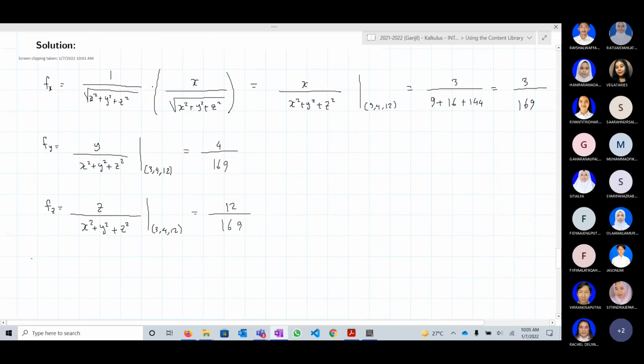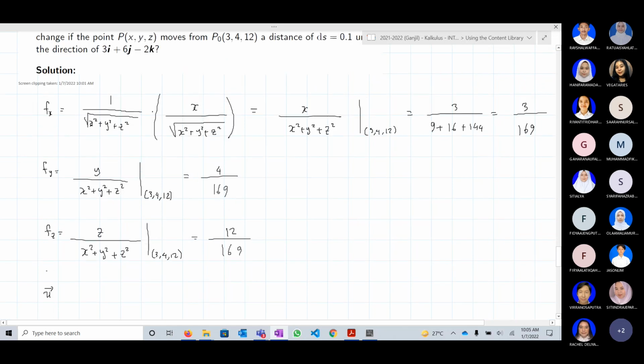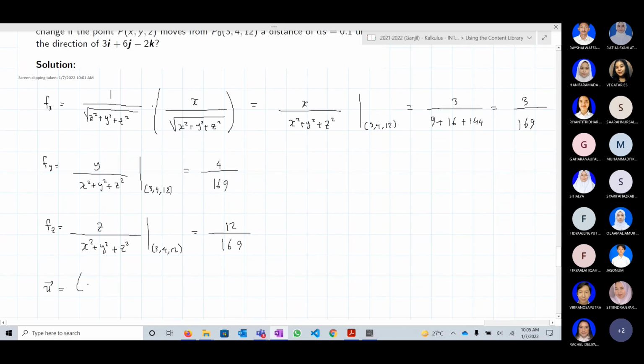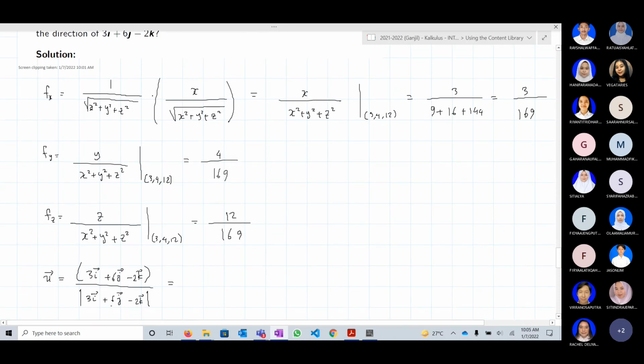So now we need to also find the direction u, which is the vector 3i plus 6j minus 2k divided by its length, which is the norm of 3i plus 6j minus 2k, which is the square root of 9 plus 36. 9 plus 36 is 45, plus 4 is 49.